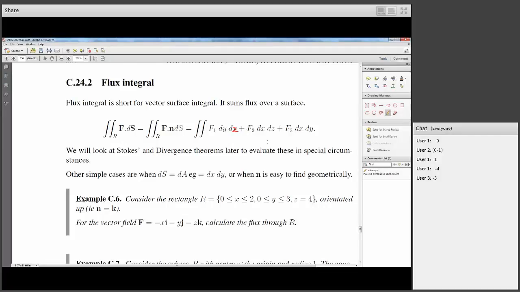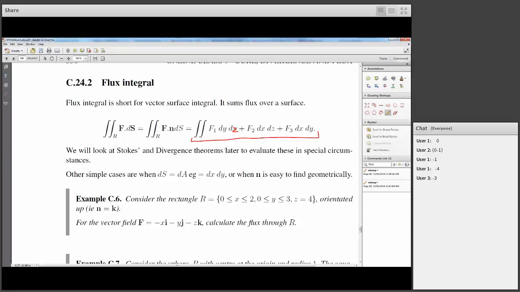That looks better. This last form, although I've corrected it, tends not to be very useful, unfortunately. I've written it down just to show the similarities between everything, but it isn't very useful because you have to work out each of these parts for each section, and you have to worry about orientation. Orientation is really critical when you've got a vector integral, so vector line or vector surface, so flux integral.